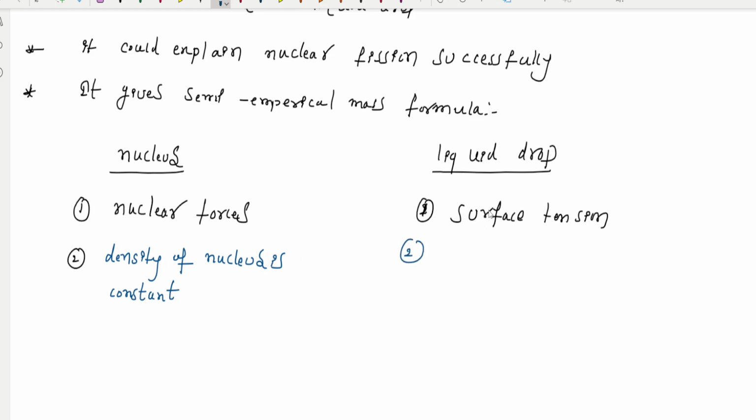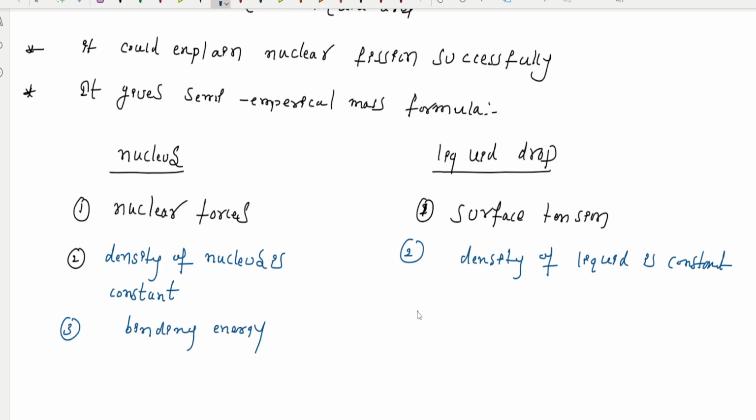Here, density of the liquid is constant. The binding energy. Here, latent heat. We already know what latent heat is.